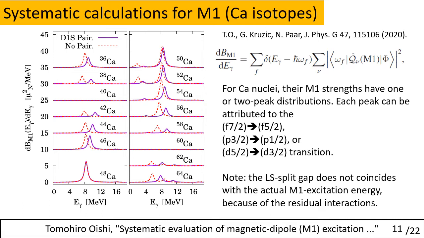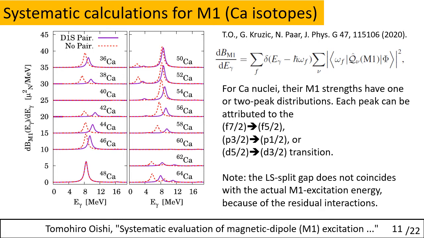And by analyzing the QRPA transition components, we found that each peak can be attributed to their spin-orbit splitting shifts, that is f7/2 to f5/2, or p3/2 to p1/2, or d5/2 to d3/2 transitions.